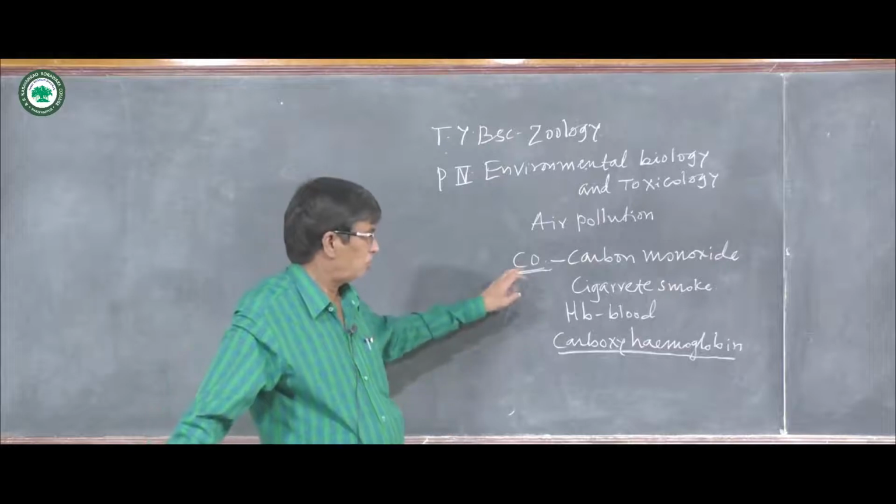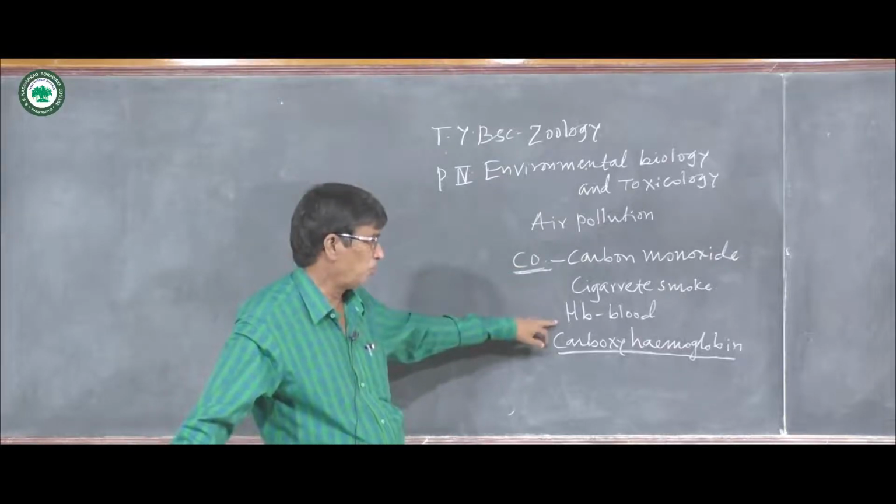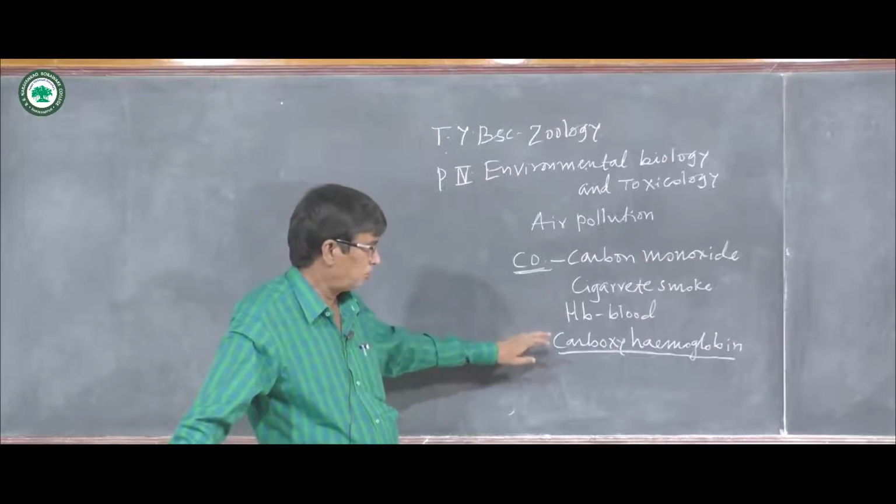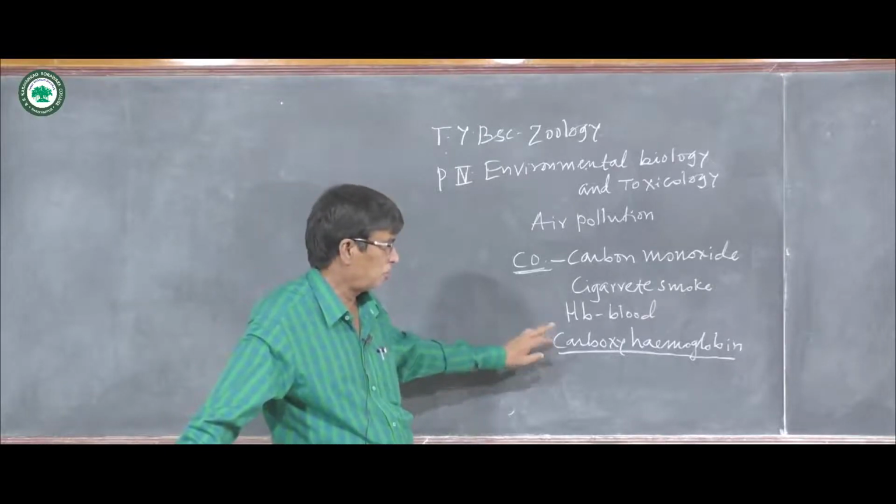When carbon monoxide combines with hemoglobin of blood, such hemoglobin is called carboxyhemoglobin.